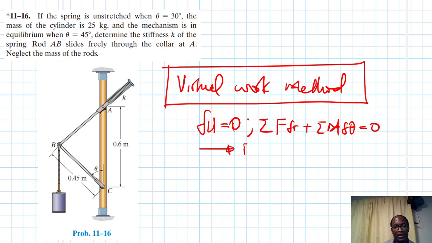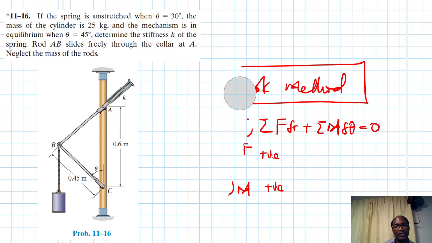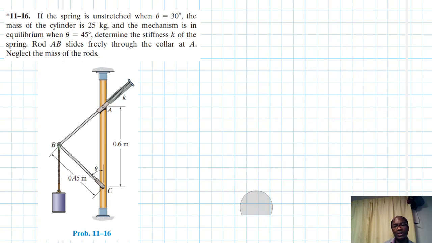So given a force F and the virtual displacement del R, for virtual work to exist, both of them have to be collinear or parallel, and if they're in the same direction, then we have positive virtual work, otherwise we have negative. And the same for couple moment M and rotation of virtual displacement del theta. The two must be collinear or parallel, and if the two are in the same direction, then we have positive virtual work, otherwise we have negative virtual work. So in a nutshell, that is what virtual work is.